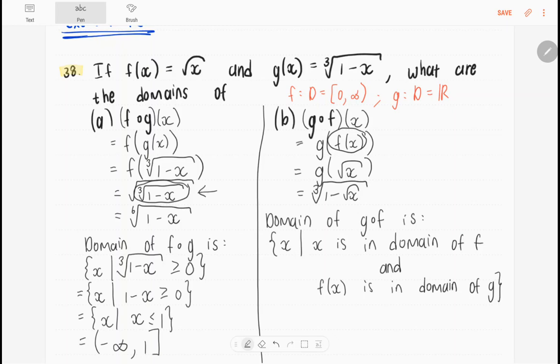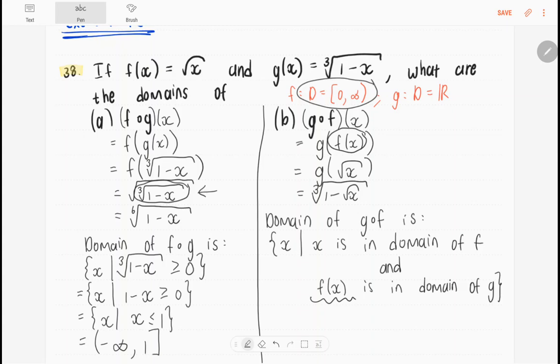What did we say the domain of f was again? So the domain of f is from 0 up to infinity, and the domain of G is all real numbers. What does it mean for f of x to be in the domain of G?